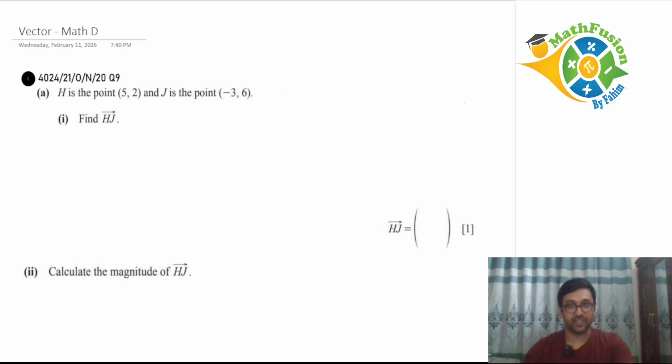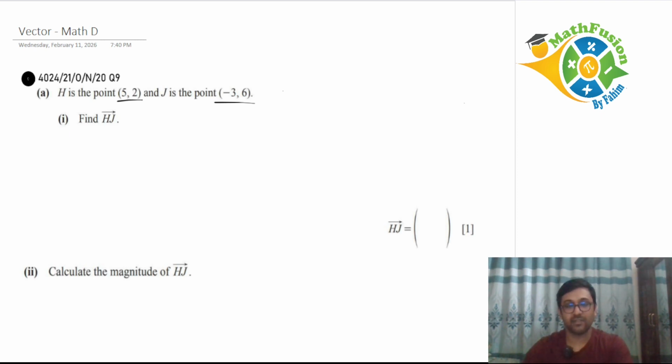Find vector HJ. To solve this question, we need to convert the coordinate of H, which is (5, 2), and coordinate of J, which is (-3, 6), into a column vector.